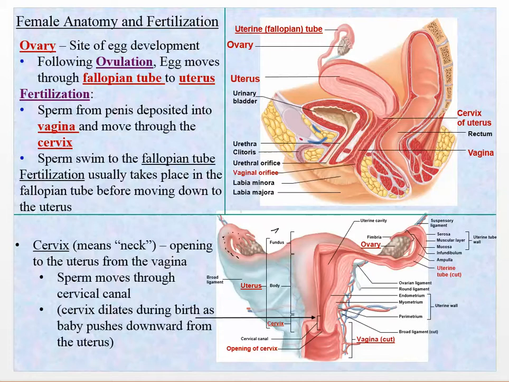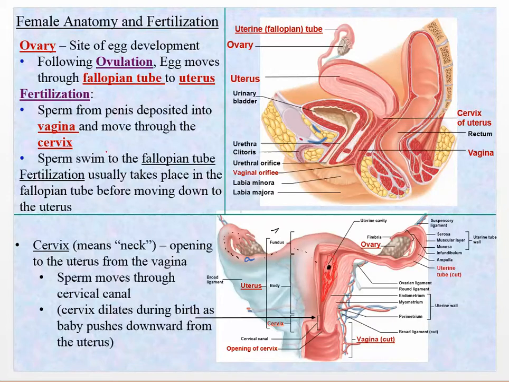If there happens to be sperm in the area, then they can fertilize that oocyte. Either way, the egg continues its journey down, and if it's fertilized, it will implant in the endometrium, the blood and cell lining along the uterus. The fertilized oocyte will implant into this, and that's where it will grow if a pregnancy occurs.